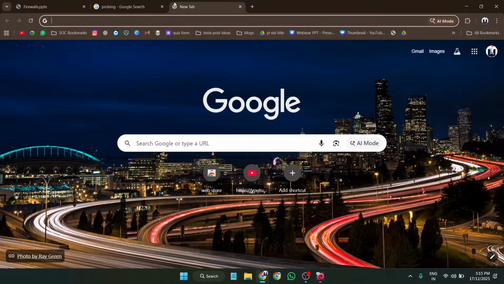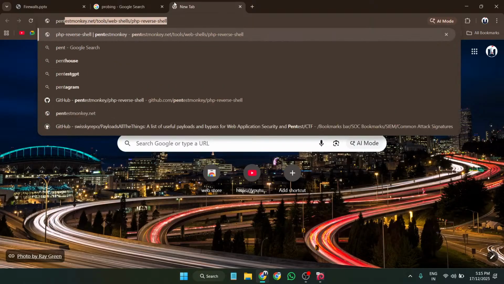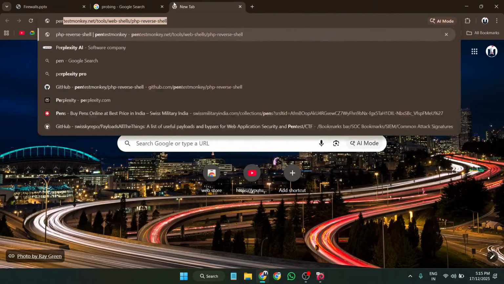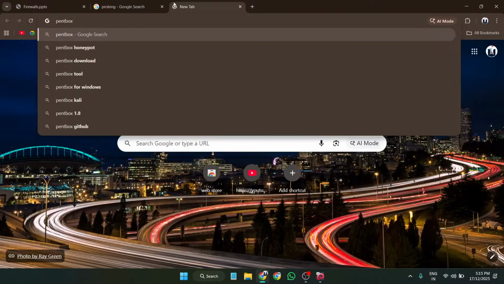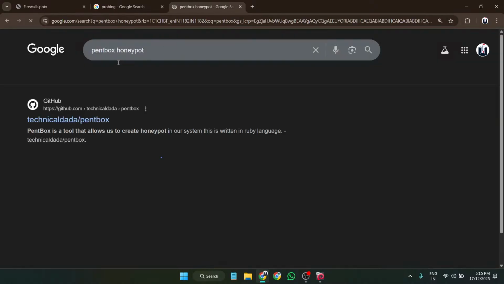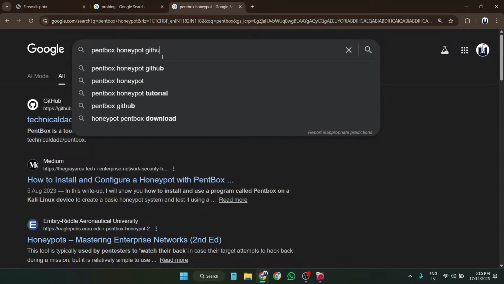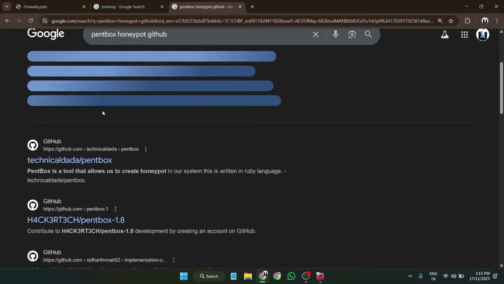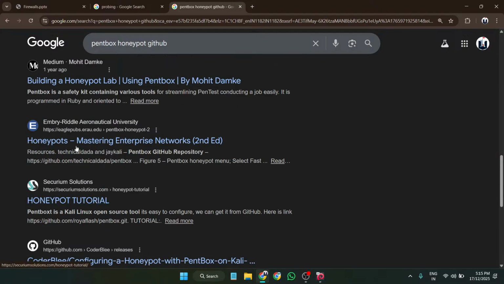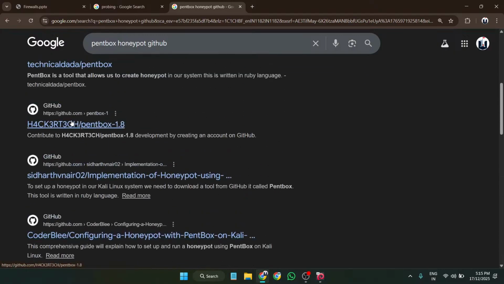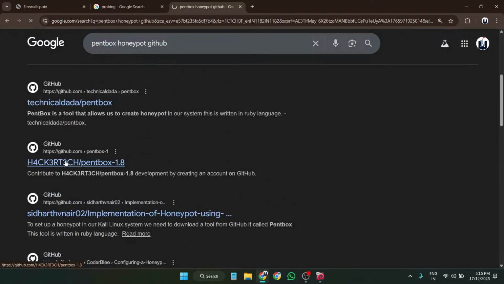Basically, for honeypots, I have got one, the Pentbox honeypot. That's what we will get today. You can just type Pentbox honeypot GitHub, and here, HackerText.